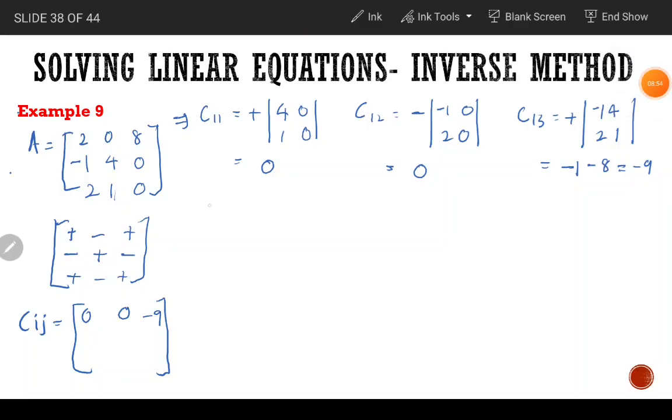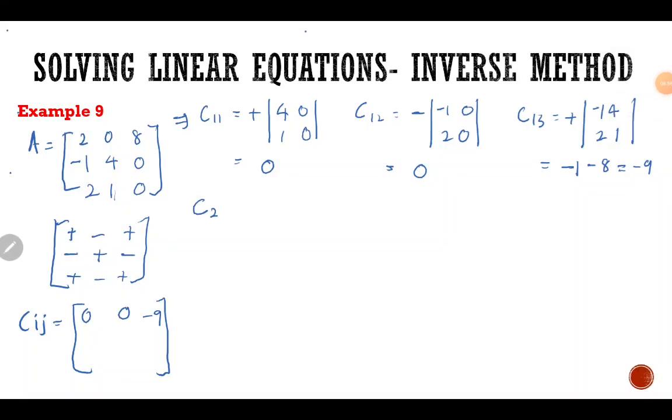Okay, then kita proceed to C21. C21 negative. Okay, delete second row, first column. So we get 0, 8, 1, 0. Okay, then we proceed with C22. Kita akan dapat positif kat depan kan.